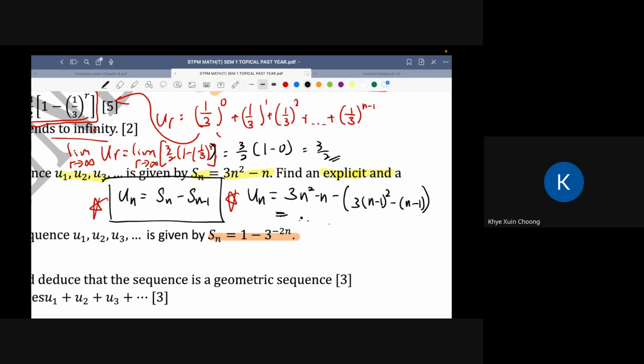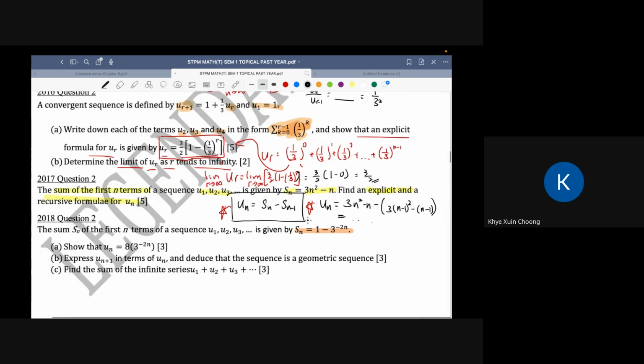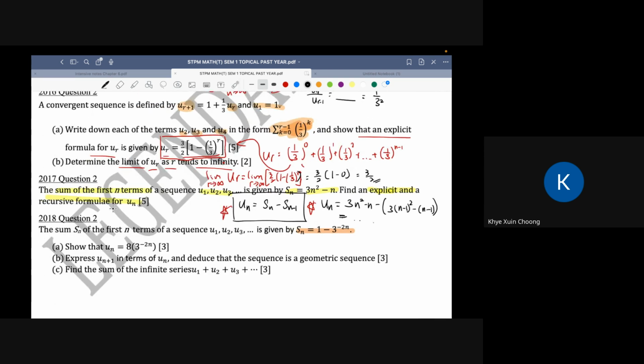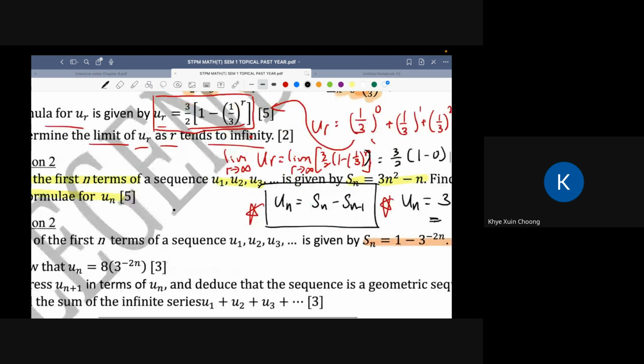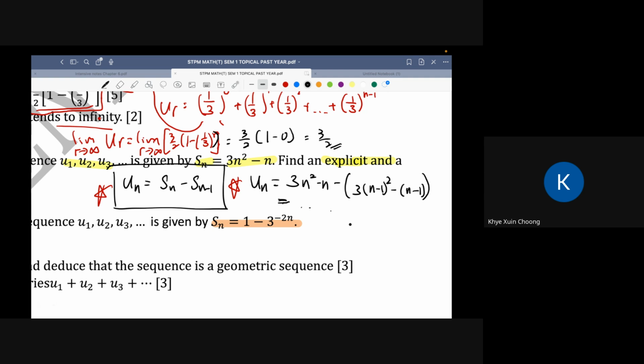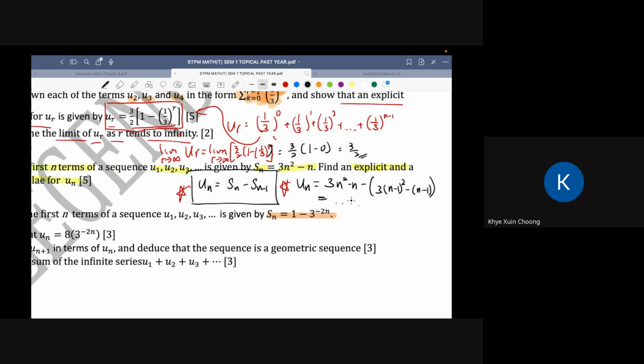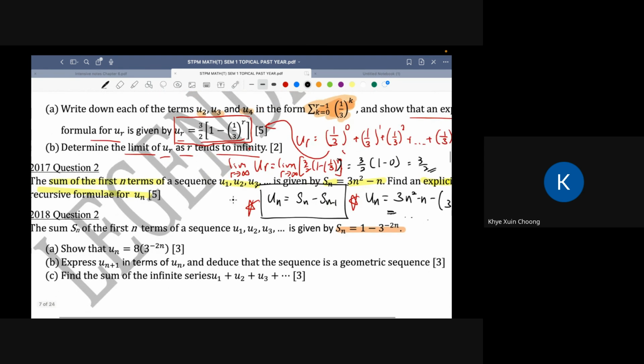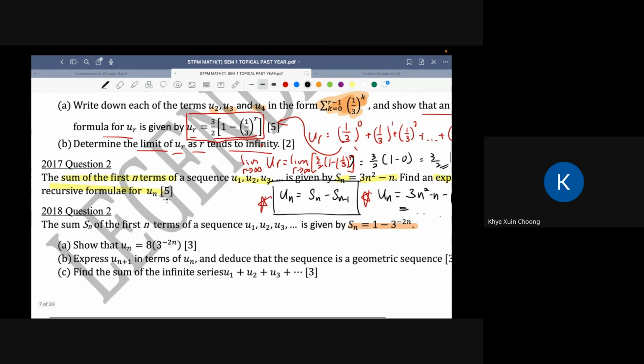For this, if you try to simplify it, if we want you to show it in a recursive formula, normally it should be an arithmetic progression or geometric progression, or else it's very difficult for you to do it. To express it in a recursive formula, you can try two ways.